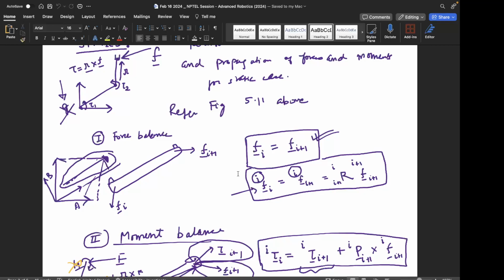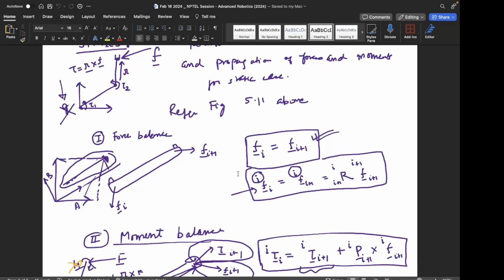So you will analyze each body. In this manipulator, each link is a rigid body, right? While doing force analysis, statics or dynamics, we pick each rigid body individually and write the force balance and the moment balance for it.